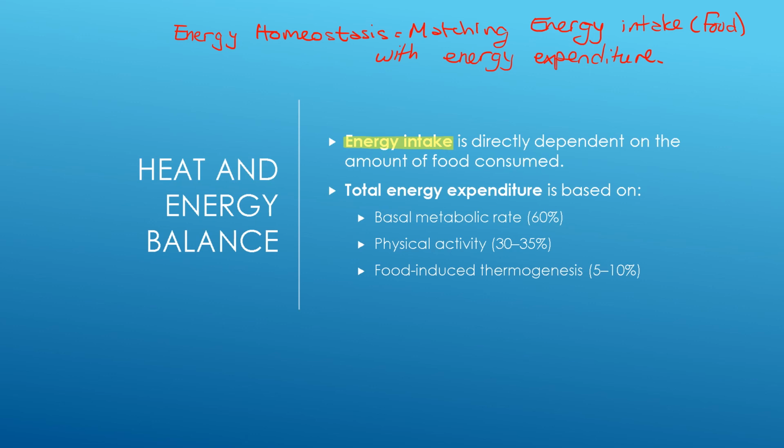But there are three components that contribute to total energy expenditure. The first is your basal metabolic rate, which accounts for about 60% of energy expenditure. Physical activity will add another 30 to 35%, but this percentage can be lower in sedentary people.